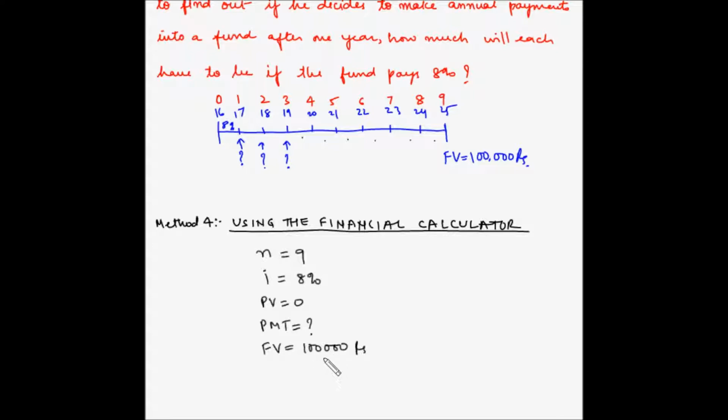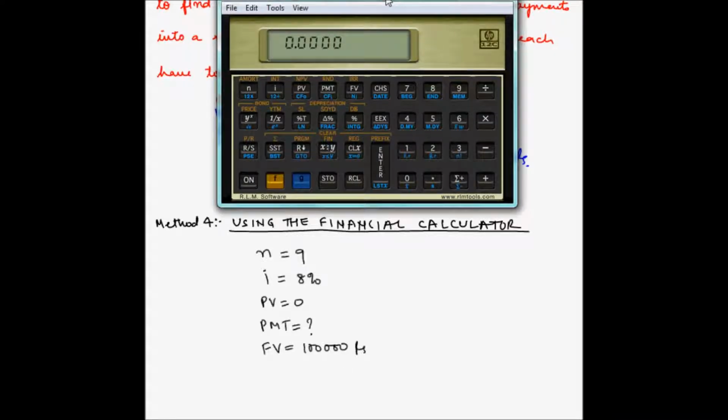Now let us use the financial calculator. So the method to use the financial calculator is, first we'll enter the value and then we'll let the calculator know what that value stands for. So 9 is the value of N, 8 is the value of I, 0 is the value of PV.